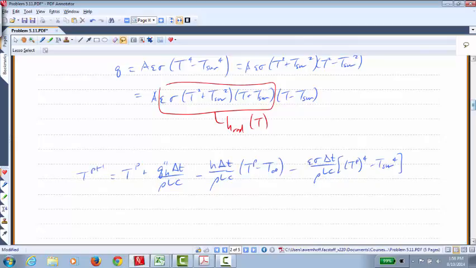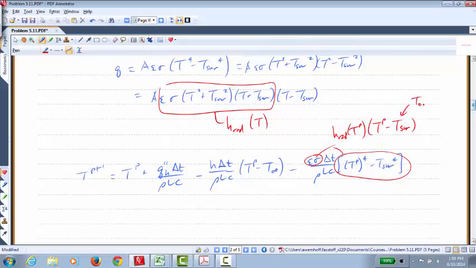We're effectively going to replace epsilon sigma times the temperature to the fourth terms with h rad at T, and we'll make it T to the p power, since we're using the explicit formulation, times (T to the p minus T surroundings).